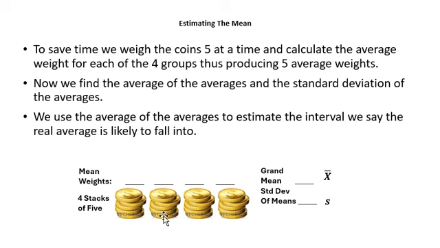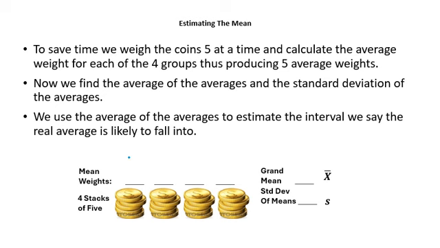Here is my first average, second, third, and fourth, for each of the 4 groups. Now we find the average of the averages, the entire average out of those averages.